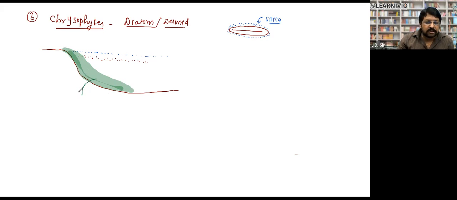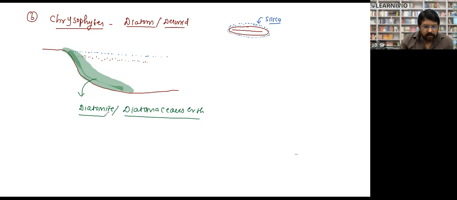This pile of soil made by the dead bodies of diatoms is called diatomite or diatomaceous earth. This is very important. This is diatomite or diatomaceous earth.